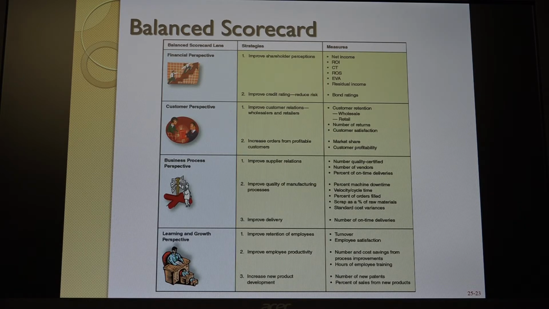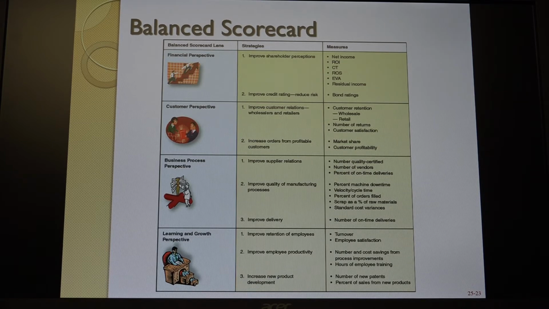And so some of these others are kind of squishy. They're subjective rather than objective like the financial perspective. And so improving customer relations. Wow. How do you measure that?